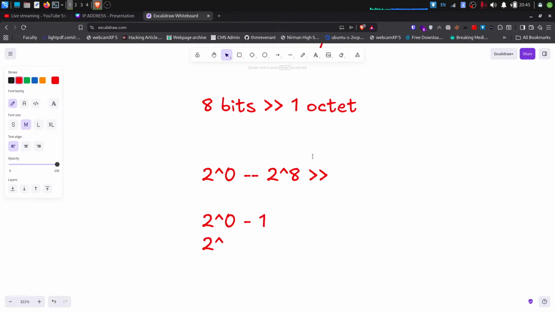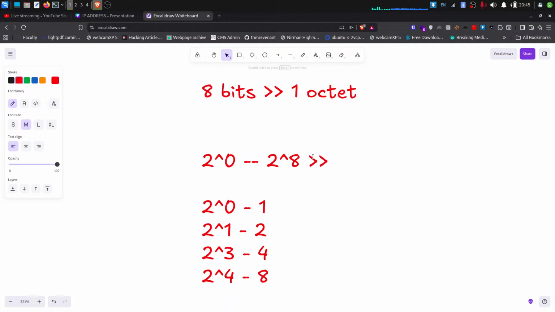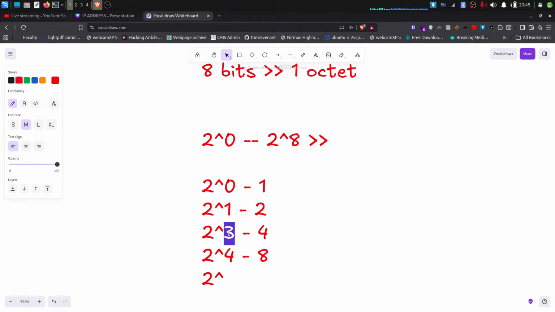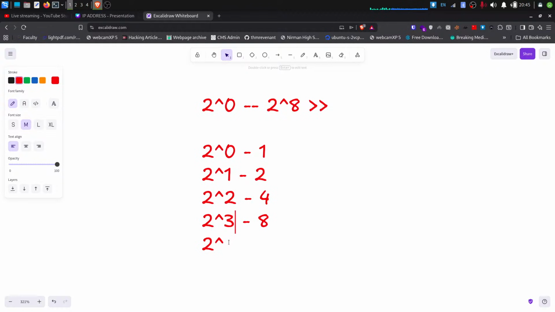2 to the power 1 equals 2. 2 to the power 2 equals 4. 2 to the power 3 equals 8. Then we have 2 to the power 4 is equal to 16.